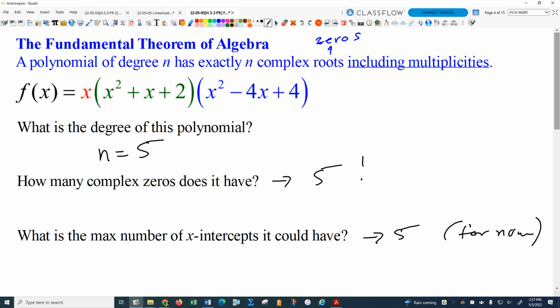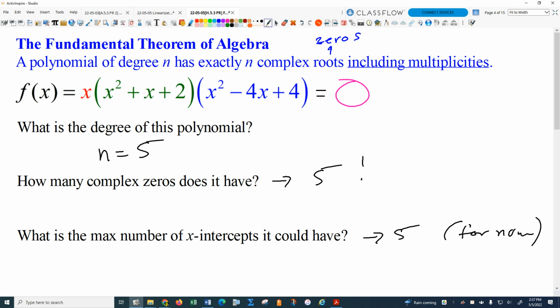If I want to find the zeros, this thing is already in factored form, which is really convenient. So all I'd have to do is set the function equal to 0 and find the zeros of the factors, right? Okay, well, let's find the red. The red one's easy. Red one's absolutely trivial.